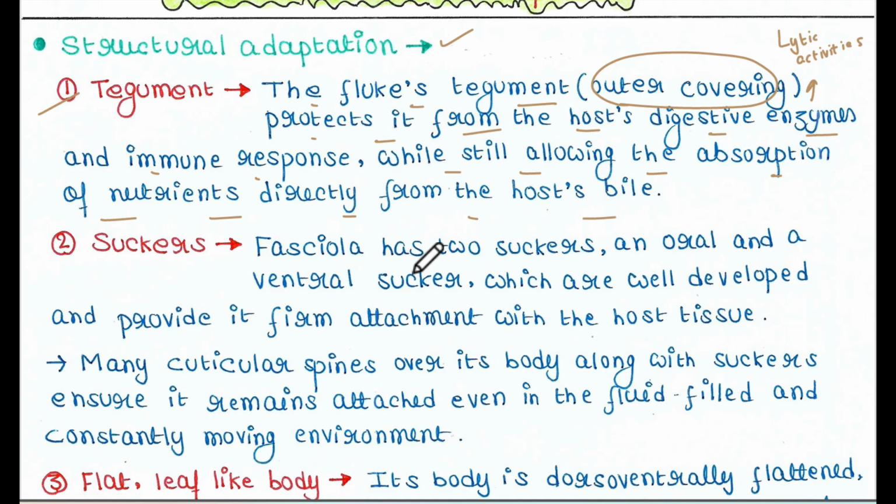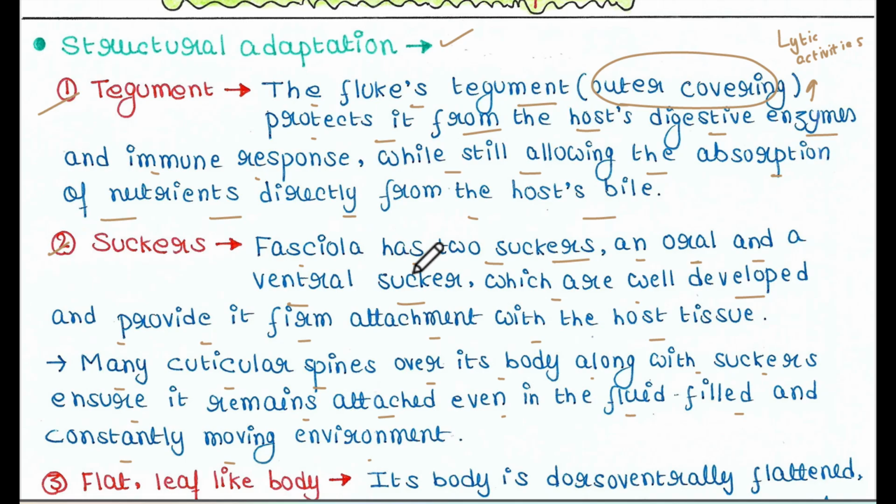Next is sucker. So Fasciola has two suckers, an oral and a ventral sucker, which are well developed and provide it firm attachment with the host tissue. Many cuticular spines over its body along with suckers ensure it remains attached even in the fluid filled and constantly moving environment.